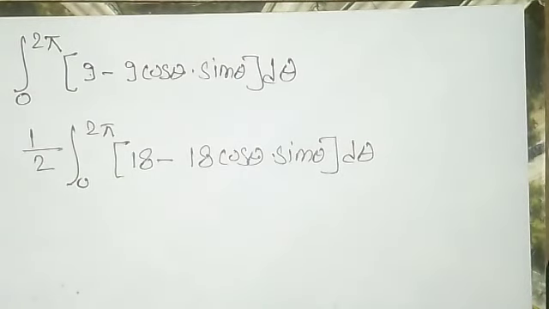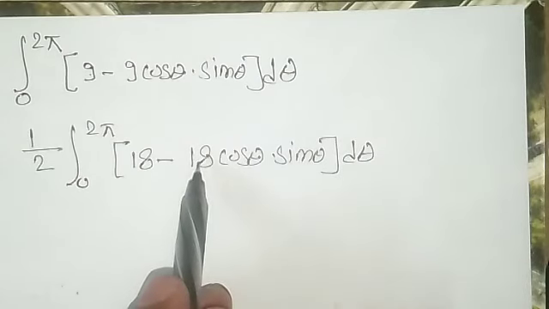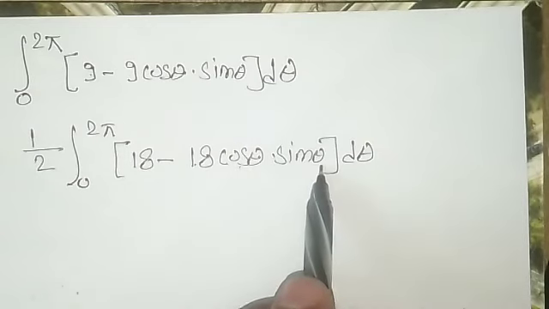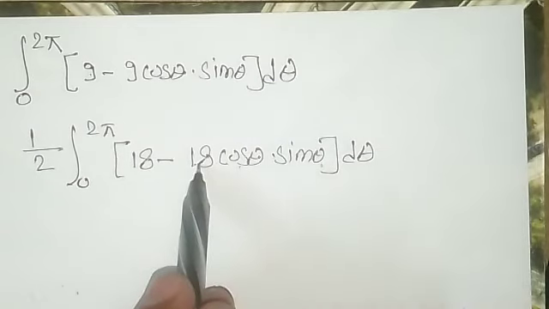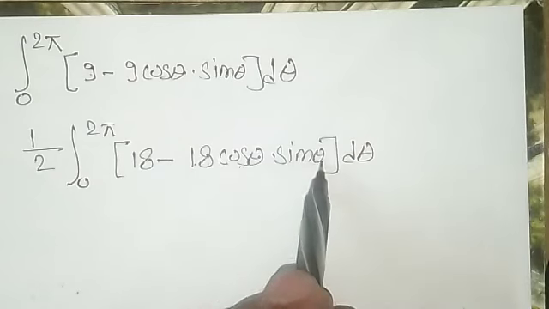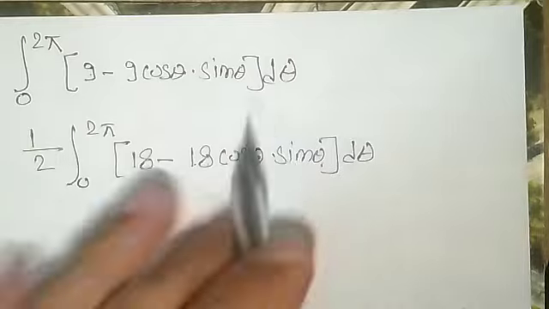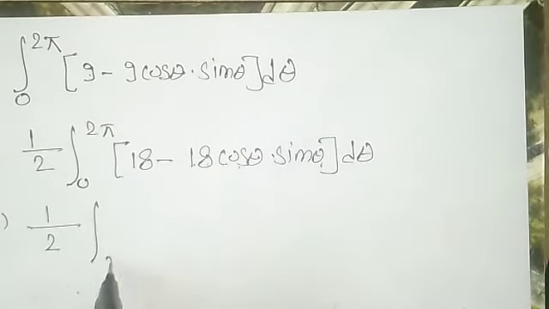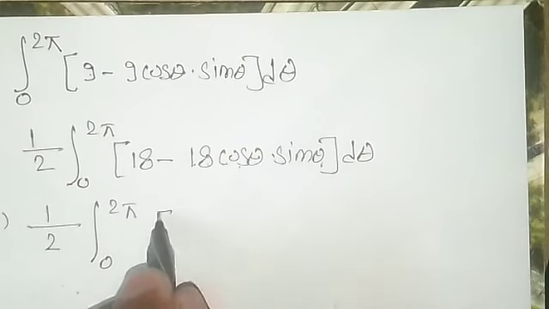If I multiply this 9 into 2, this becomes 9 into 2 cos theta sin theta. And 2 sin theta cos theta is sin 2 theta.